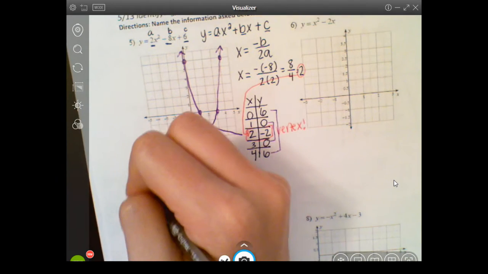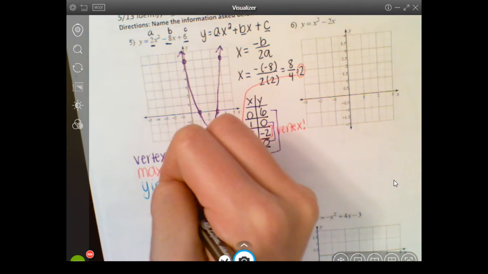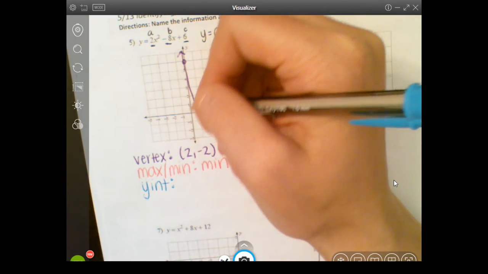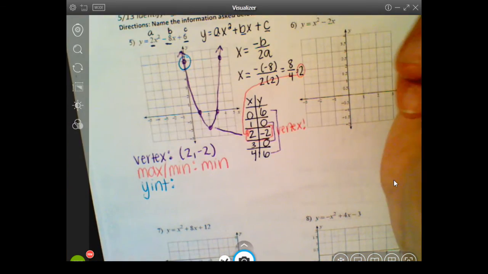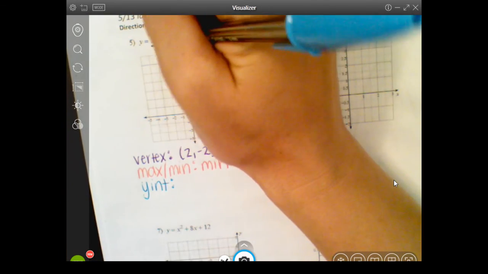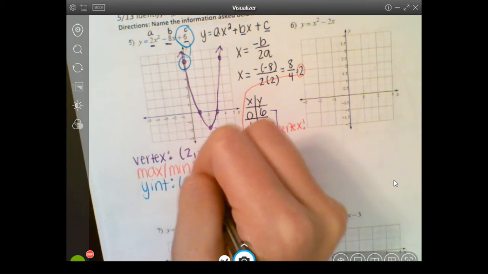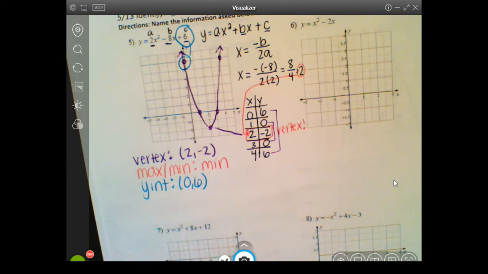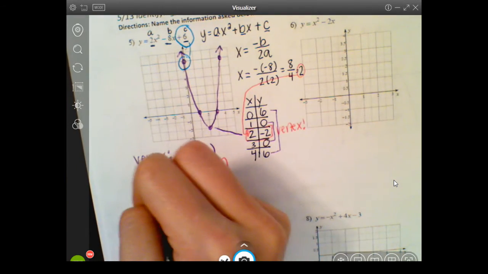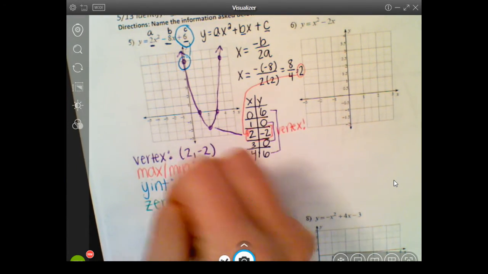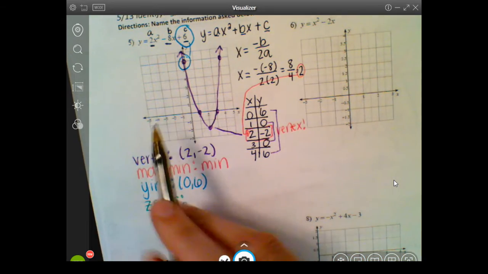Well, what's the y-intercept? Well, that's where the graph is crossing the y-axis, which is right here. And remember, that's also the c value. So the y-intercept is 0, 6. Okay, what are the zeros? Well, my zeros, remember, are where they cross the x-axis.